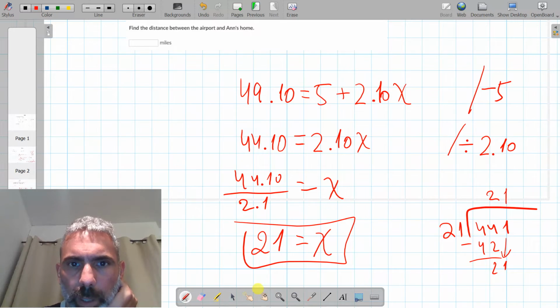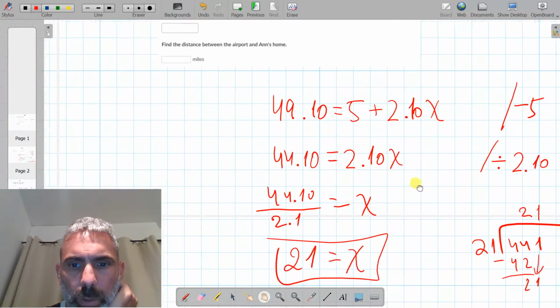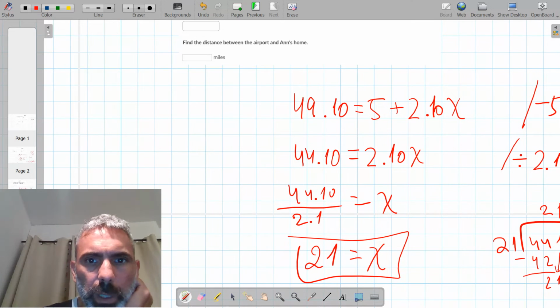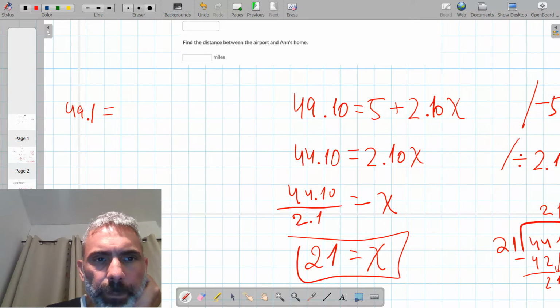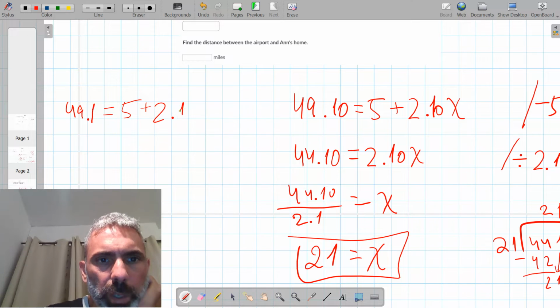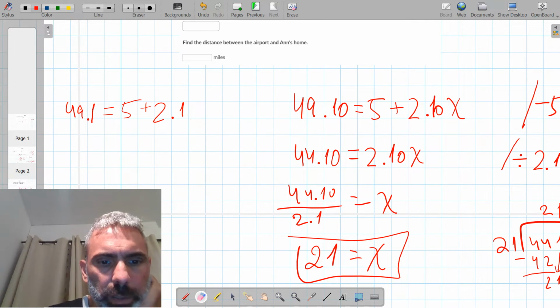Now I need to plug it in the original equation to make sure that this is correct. So 49.1 equals 5 plus 2.1 times x, which is, instead of x, I plug in 21.